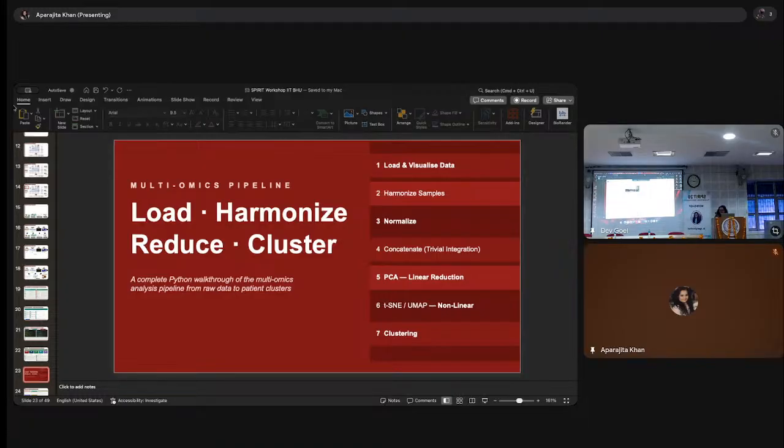Or do I need to do this QR code thing? Oh, you have to enter your email address. No, this is not the QR code.